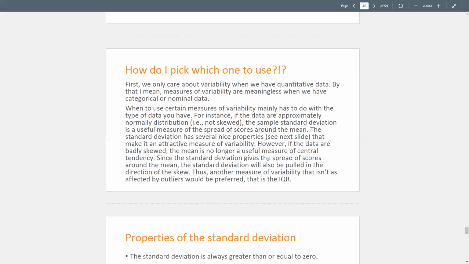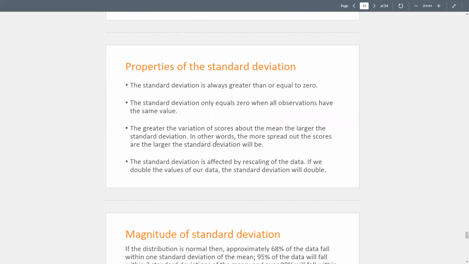Same thing, if the distribution is highly skewed, we would take the median over the mean. We'd also probably report the interquartile range if the distribution was skewed instead of reporting the standard deviation, since the standard deviation is based on the mean. So I give you some little scenarios with recommendations about when you would pick one or the other.